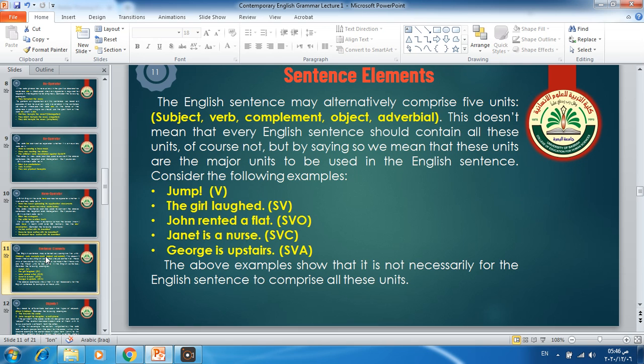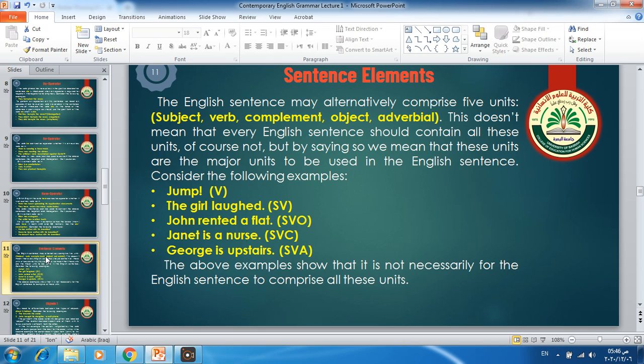Jump. So you see, this is a complete sentence. However, it is composed of only one unit, which is the verb. So the imperative sentence here is a verb. Jump. Okay, it has a complete meaning. The girl laughed. It is composed of a subject and a verb.